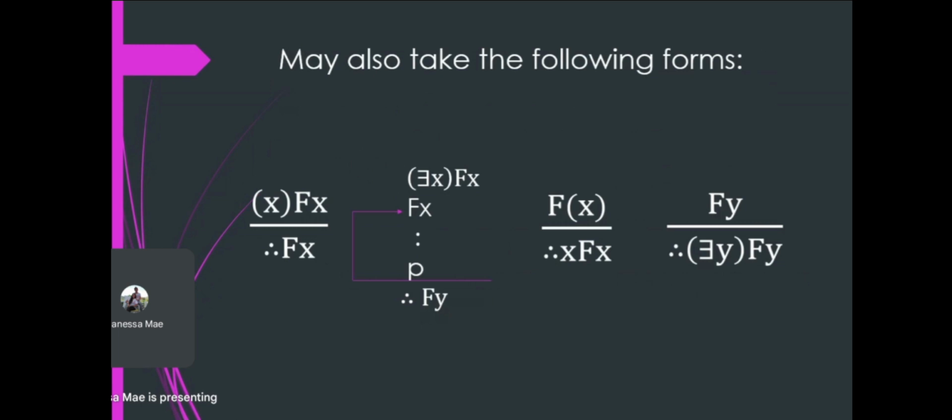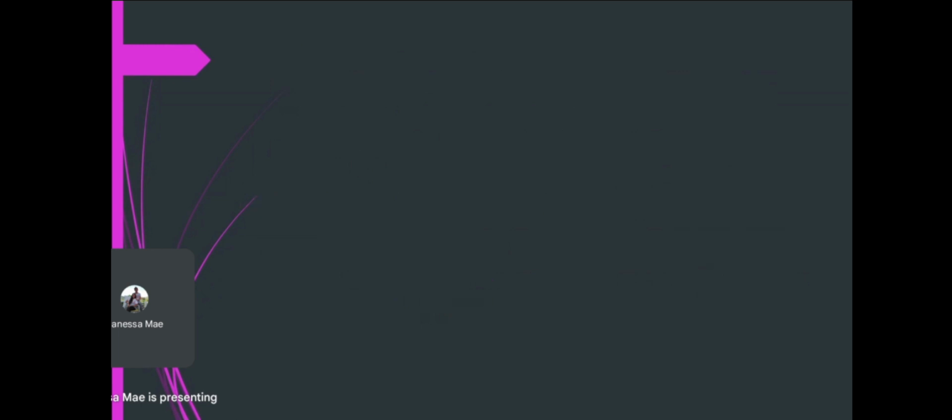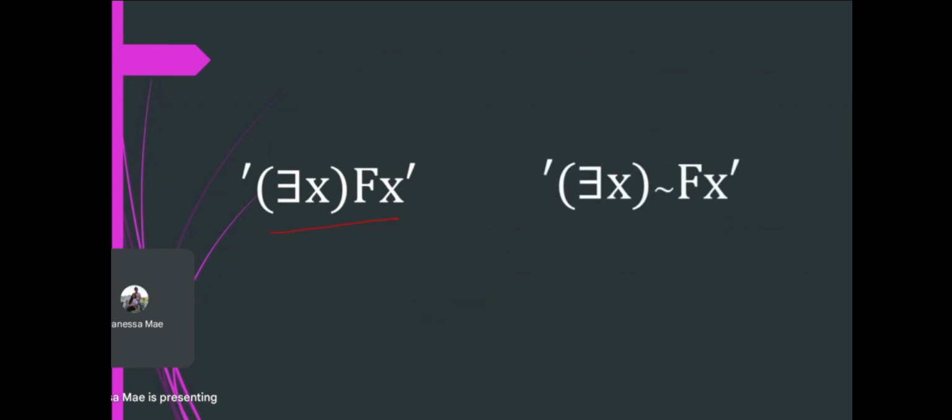For example, let's say we have two premises: there exists x, fx, and there exists x, not fx.